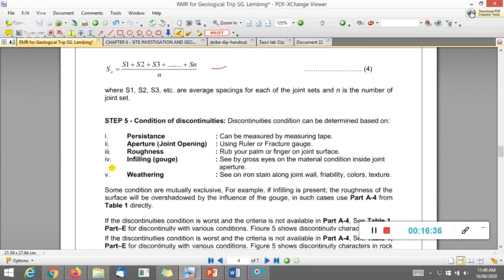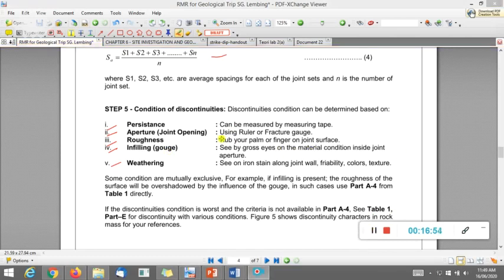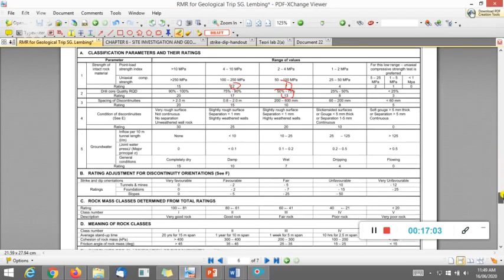Now we move to step 5, the condition of discontinuities. For condition of discontinuities, there are a few terms that you need to check: persistence, aperture, roughness, infilling, and weathering. We must refer to table 1, which is the crucial table for the RMR method.